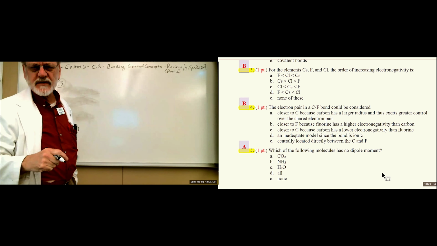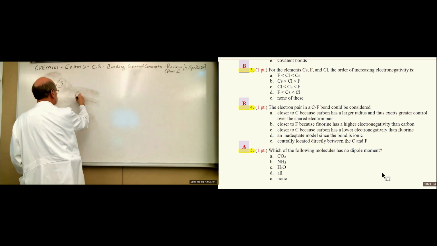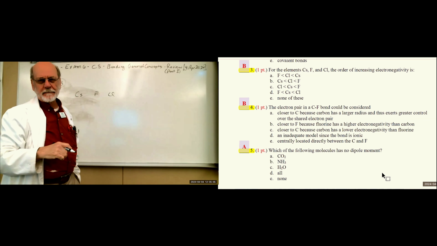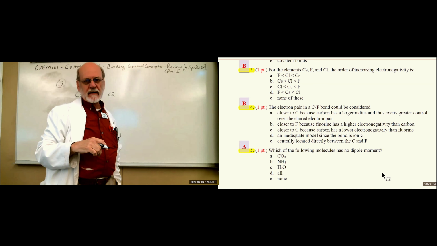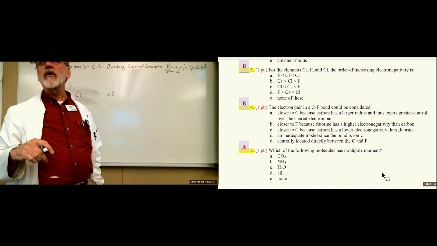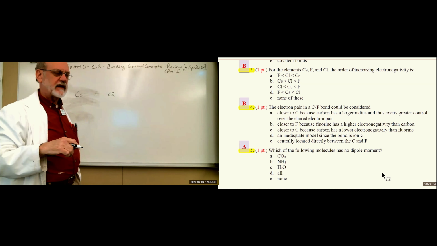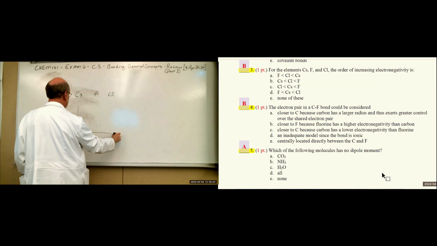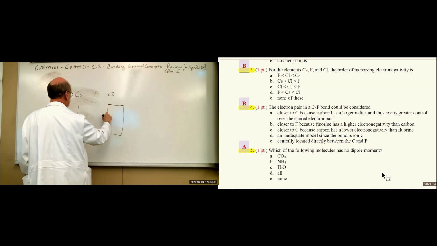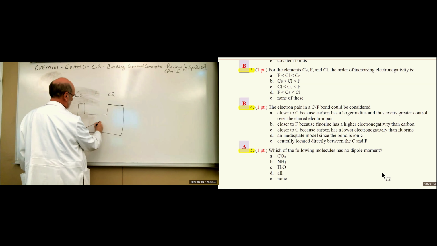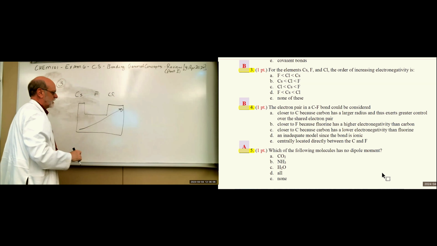For the elements cesium, fluorine, and chlorine, the order of increasing electronegativity. So what direction does electronegativity increase on the periodic table? Right. Lower left, upper right.